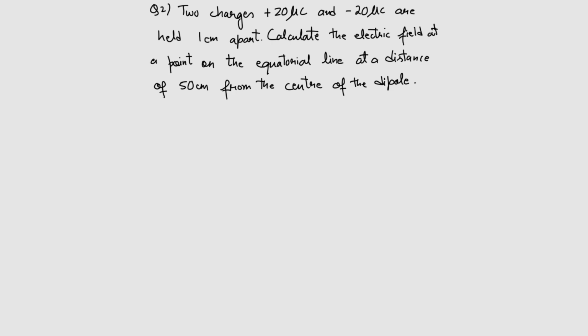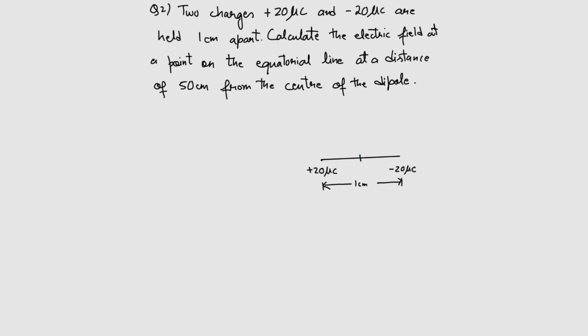Alright, let's try it. Here is the diagram. We have the two charges, plus 20 microcoulomb and minus 20 microcoulomb. Let's say this one and this one. They are held 1 centimeter apart. This is the distance, 1 centimeter. Then we calculate the electric field at a point on the equatorial line.